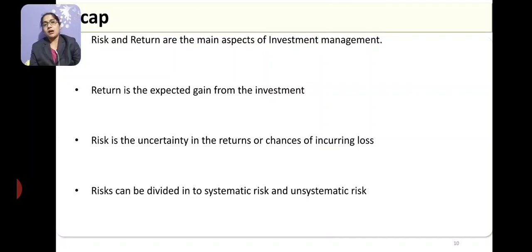Systematic risks are the risks which are common for everyone, the whole economy. When it comes to unsystematic risk, it is specific for your business. You are going to get affected because of that risk. Anyway, businesses have to operate with both these systematic and unsystematic risks.